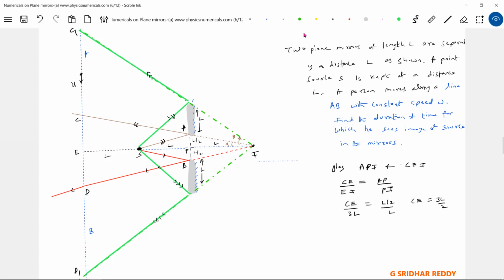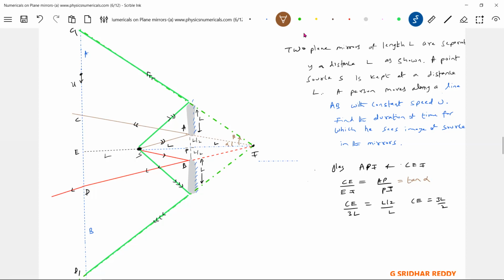Please follow this. Now look at this triangle. Tan alpha is AP by PI, and similarly CE by EI. Some are asking, sir, how you are writing this from tan alpha.